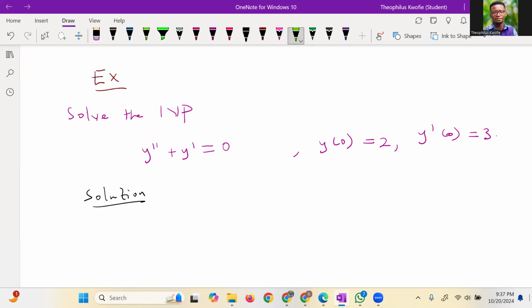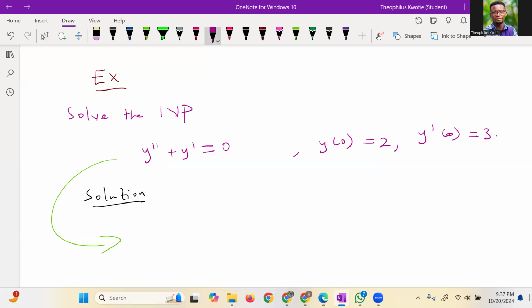If you've been following us from the onset, you would realize that we use a trick in transforming this ODE into an auxiliary equation.